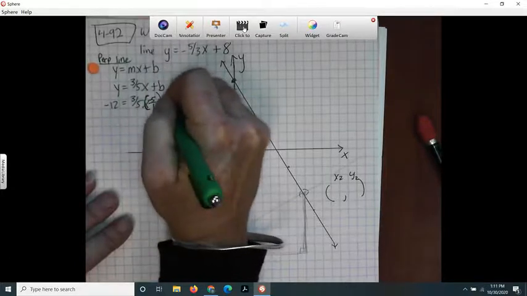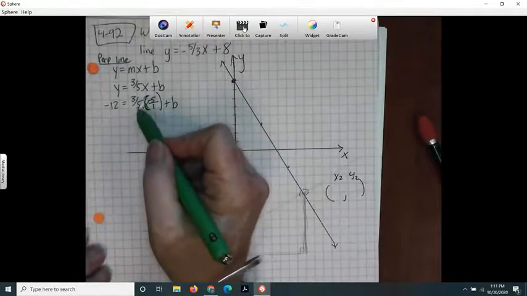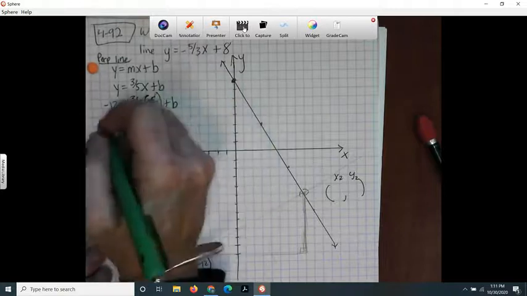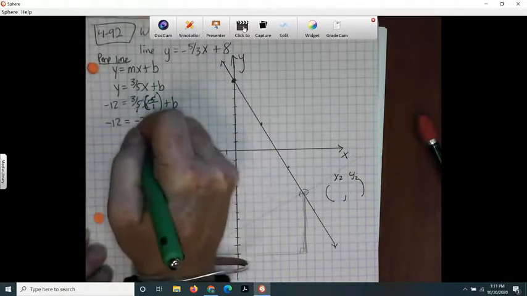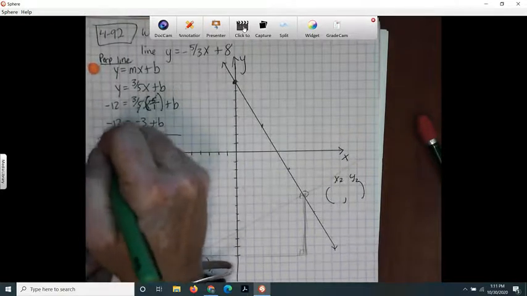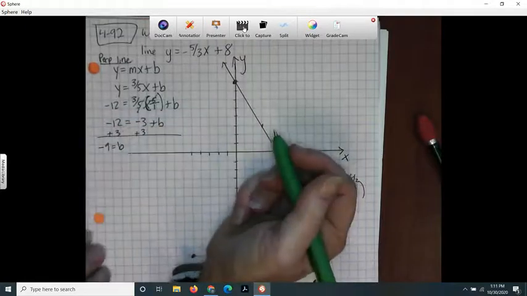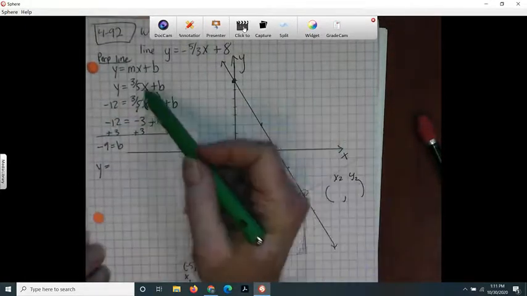The 5's cancel out, and I get -12 = -3 + b. Add 3 to both sides: -9 = b. So now I have y equals, remember my slope was 3/5 x, minus 9.